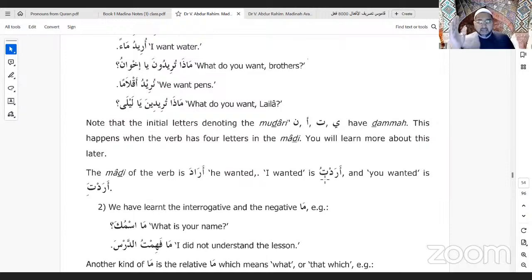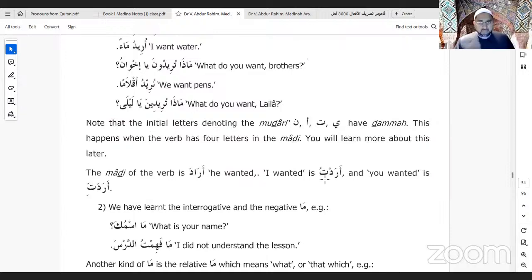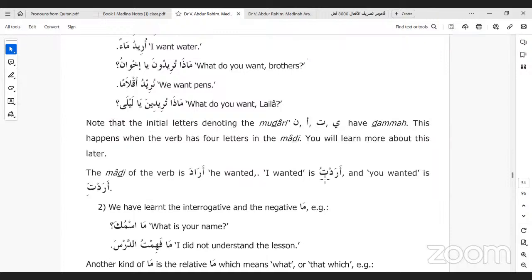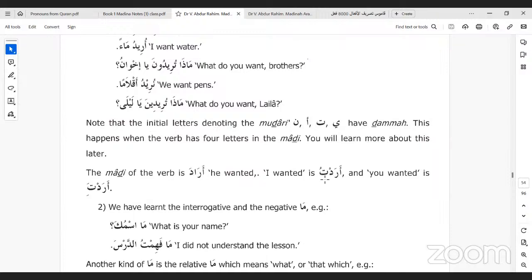Okay. Try again. Huwa arada. Huma arada. Correct. Hum aradu, there's a vowel. Hiya aradat. Correct. Huma aradata. Correct. And hunna aradna. Correct.